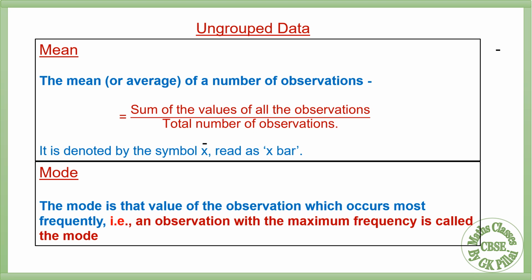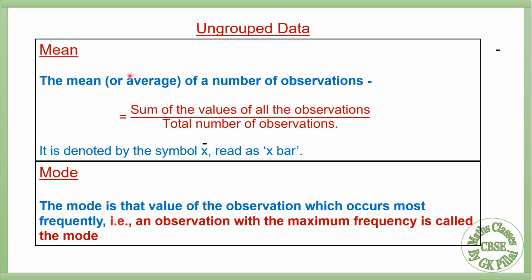I am trying to make you recall how to find mean, median and mode from the ungrouped data which you have learned in your earlier classes. You may get MCQs from these. That is the reason why I am discussing mean, median and mode from the ungrouped data also.